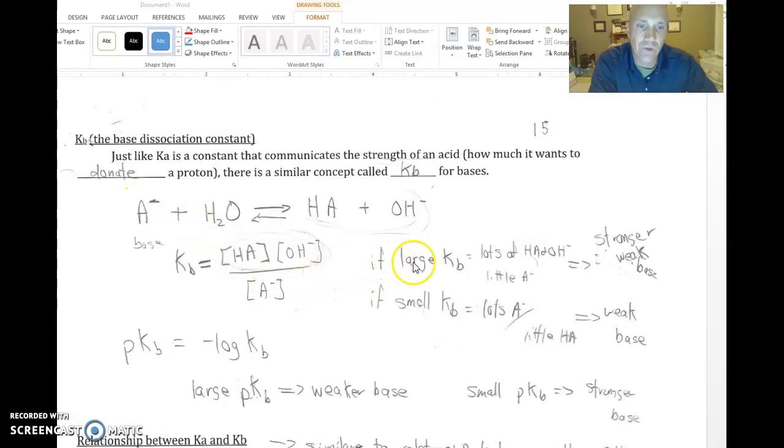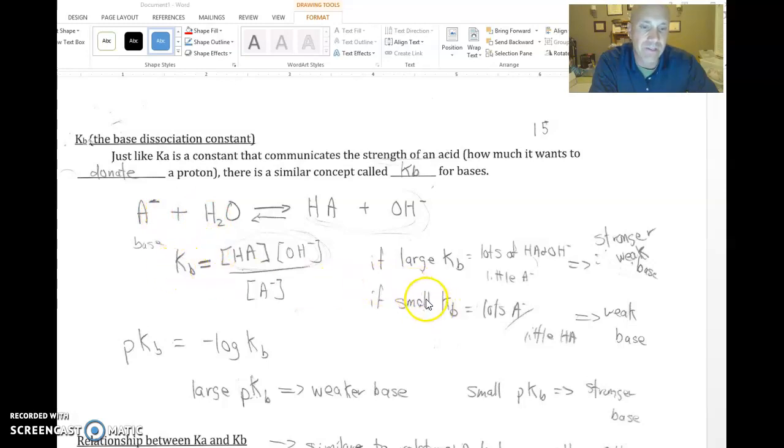In order for that to happen, your base had to accept a lot of H pluses from water. So that would be a relatively stronger weak base, because it's doing a lot of what bases do. It's accepting H pluses.